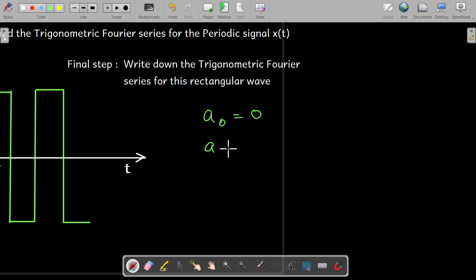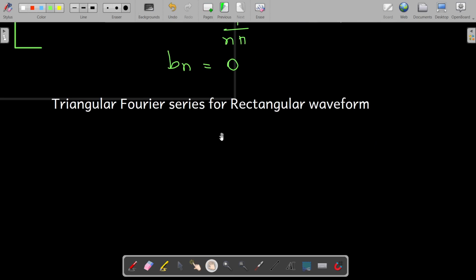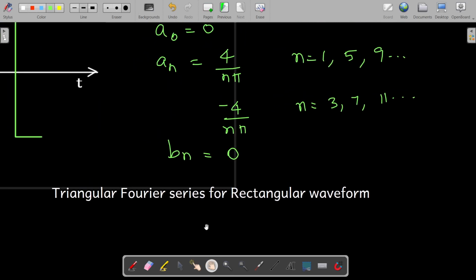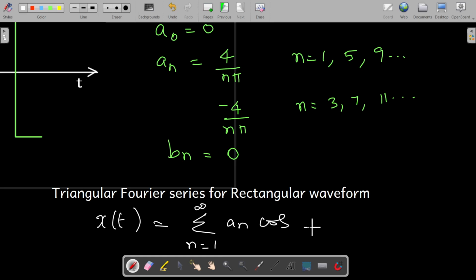Then, after finding these coefficients, we can write the trigonometric Fourier series for this rectangular waveform: x of t is equal to, a naught is 0, so we are not including it, sigma n equal to 1 to infinity, this an alone is present, an cos n pi by 2 t, isn't it?